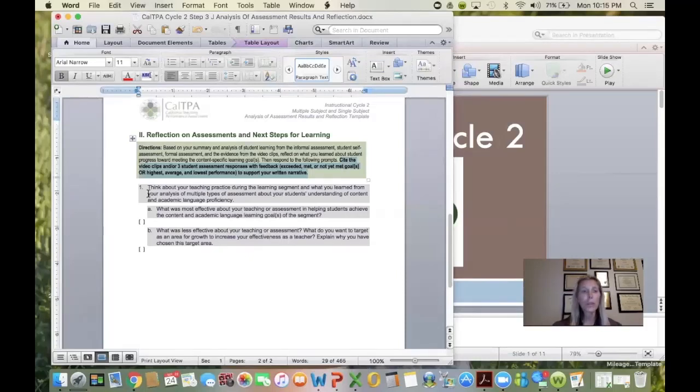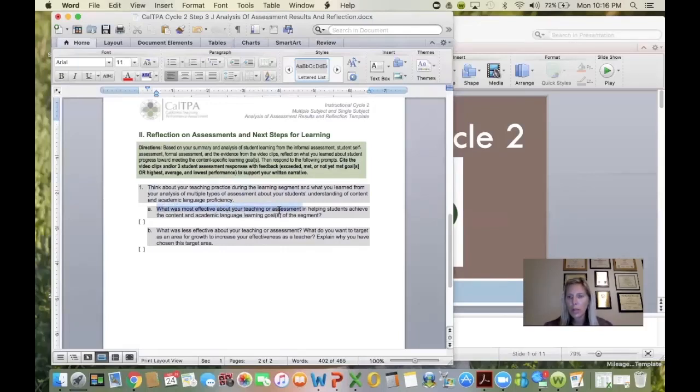Okay, so it says, think about your teaching practice during the learning segment and how what you learned from your analysis of multiple types of assessment, right? The informal student self-assessment and the formal assessment. So after the analysis of multiple types of assessments about your students' understanding of content and academic language proficiency, the first part of it is, what was most effective about your teaching or assessment?